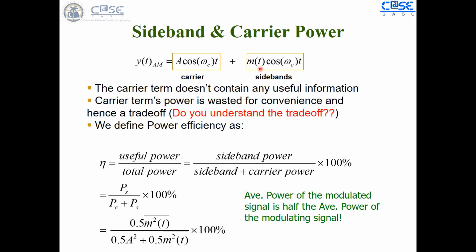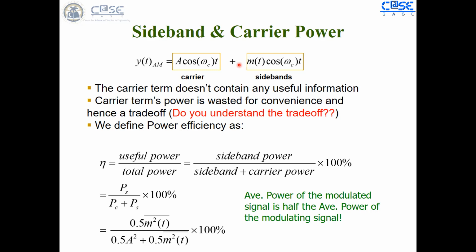Because remember, the message signal lies in the sideband, and the amount of power that carries it is referred to as the useful power. That is not the power associated with the carrier term, because the message signal is not there in this term. The message signal lies here in the sideband. So the amount of power that carries it is the useful power.